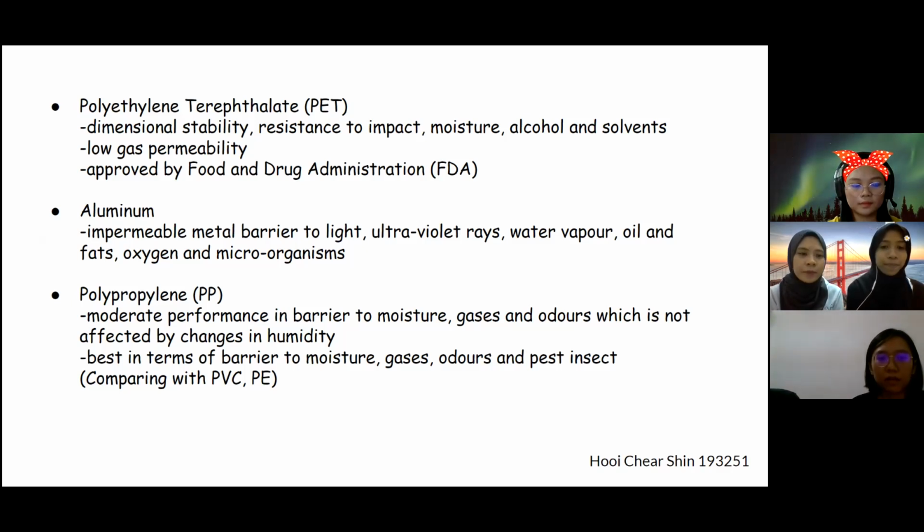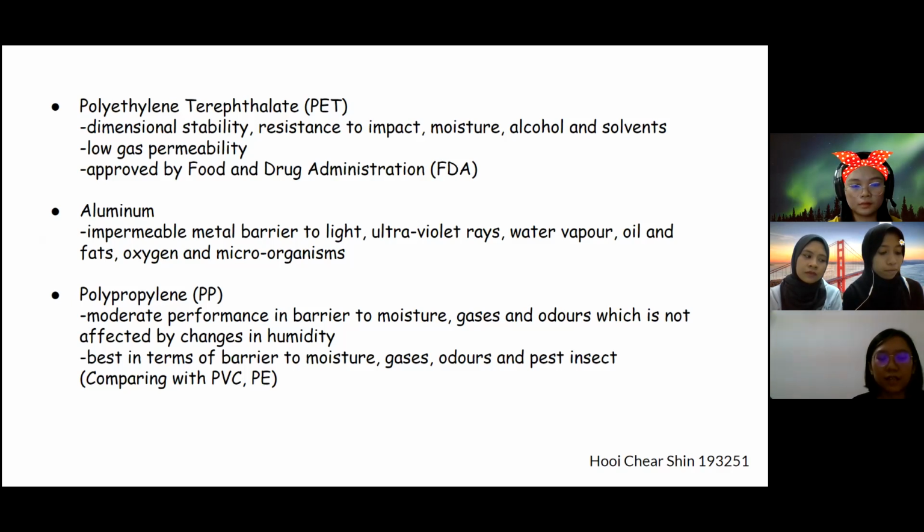For the middle layer, aluminum is chosen as it is a barrier to light, UV rays, water vapor, fat, oxygen, and microorganisms. This will be the barrier that protects the inner layer from outer elements.